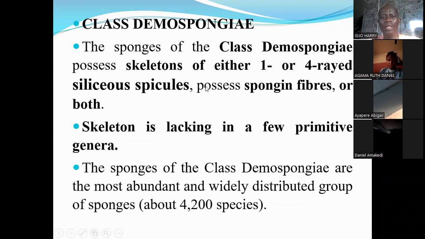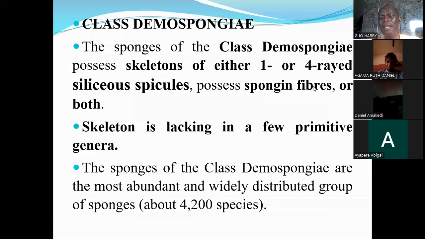One difference between the Demospongia and the Hyalospongia is that, unlike the Hyalospongia that lack spongin fibers, the Demospongia have spongin fibers, or they may have both spongin fibers and siliceous spicules.